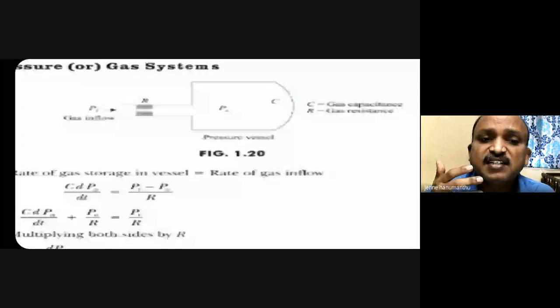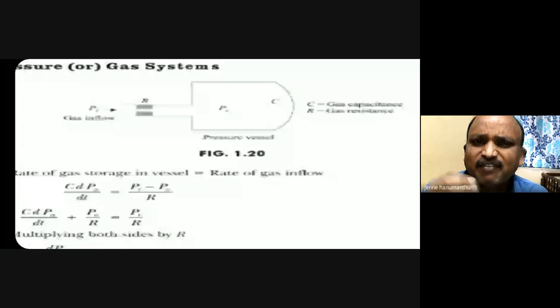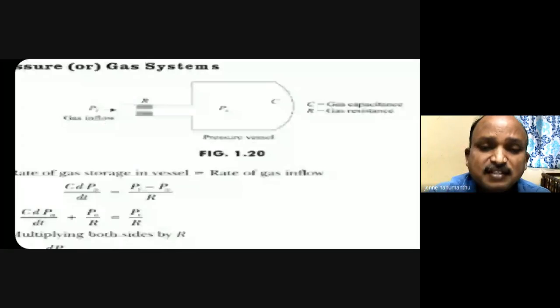So whenever there is a surface area, you recall that there exists some capacitance. That capacitance is represented by capital C. You have to consider the second parameter, the capacitance inside the closed pressure vessel.